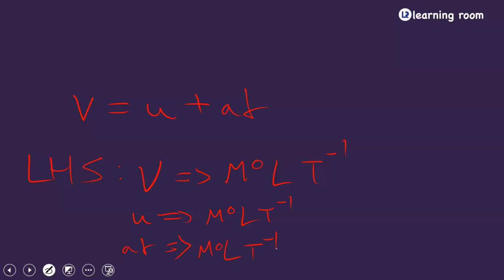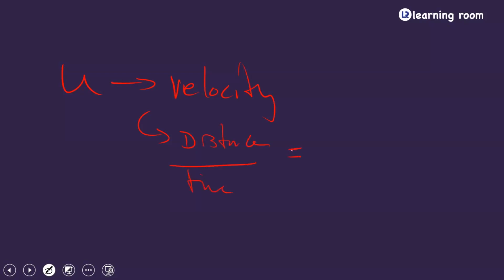Or let me just quickly do it here. What is u? You use velocity, initial velocity. So it is LT to the power minus 1. Velocity is nothing but L by T, which is distance by time, or displacement by time.